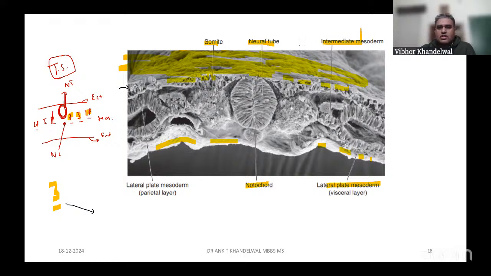And therefore, because of the neuropores, when they don't close, I told you a couple of diseases, so folic acid is given to expecting mothers. When the couple is planning a baby, the folic acid is given. It is seen that it helps in closure of the neuropores.